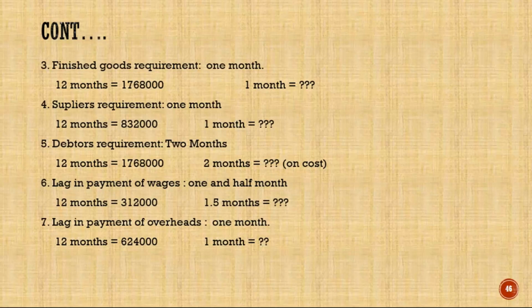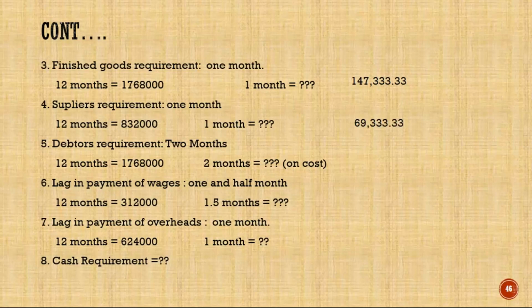This is the calculation of various requirements. And finally, they have given cash requirement to us. Okay, so let us check what is the answer. For finished goods requirement, it is 1,47,333.33.